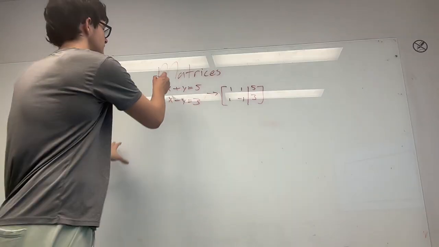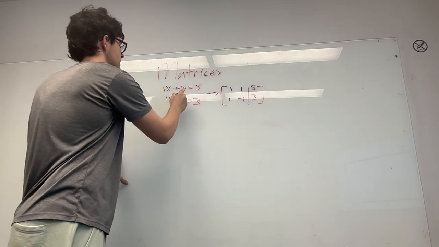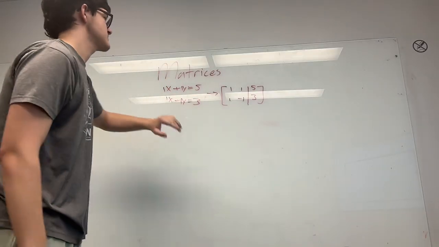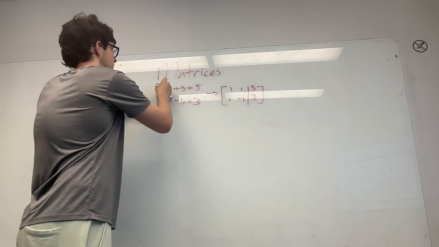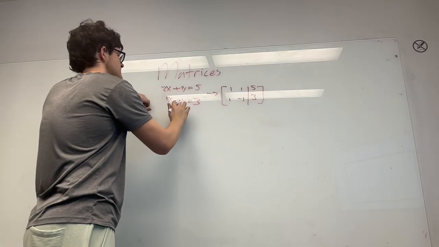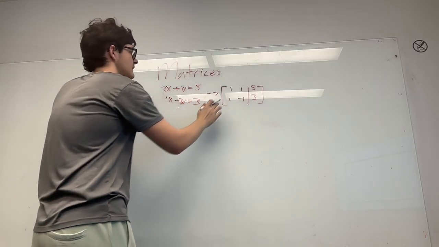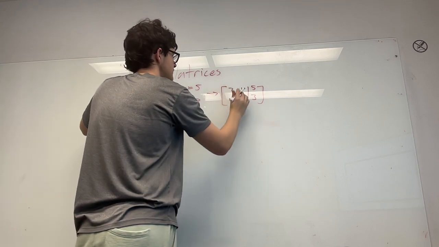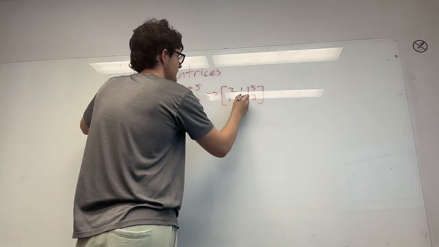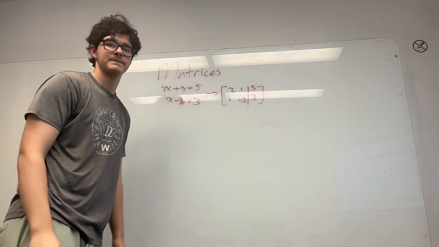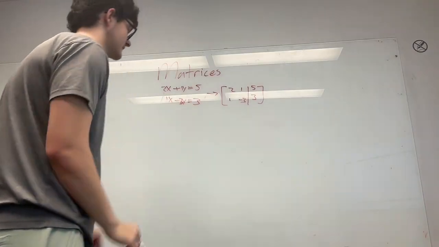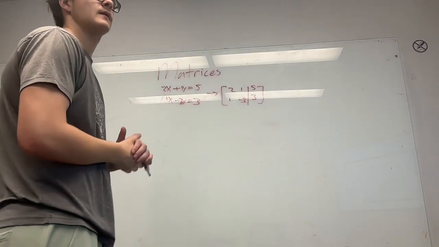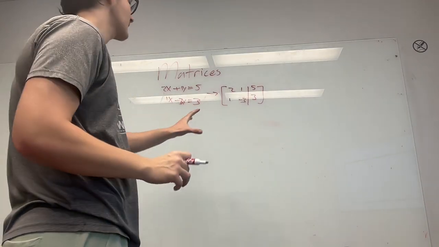You can draw the 1, 1, 1 right there. So if it was like 2x right here, and let's say it was minus 3y, you literally just put 2, minus 3. That's all it is. Super simple.